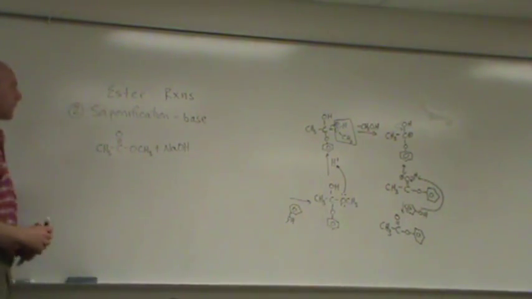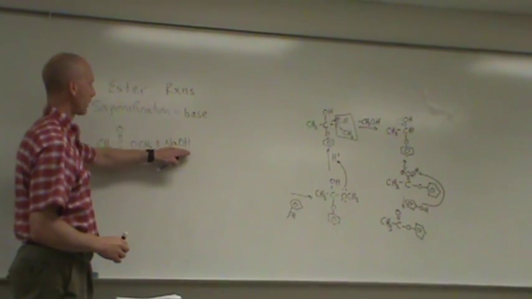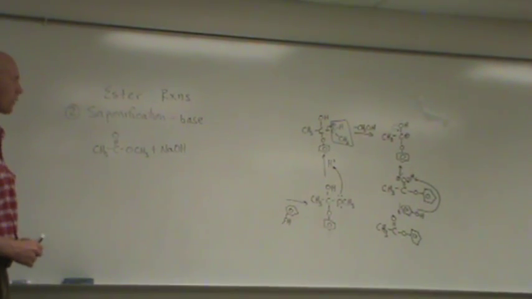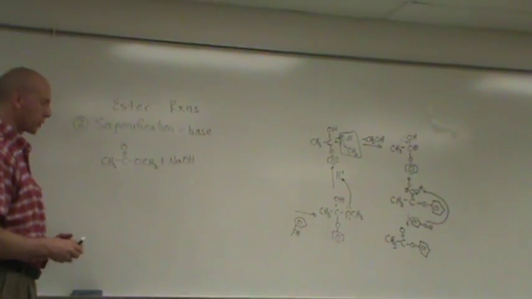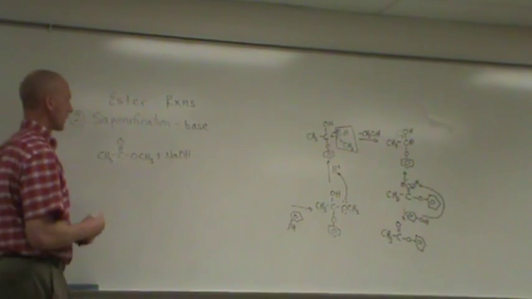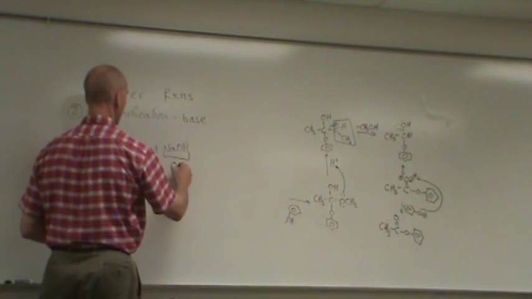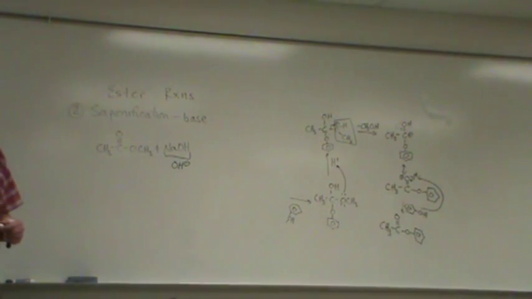And the base that we use is usually sodium hydroxide or potassium hydroxide, KOH. Okay, so let's see how this reaction occurs. Again, whenever you see sodium hydroxide or potassium hydroxide, just immediately draw OH minus.